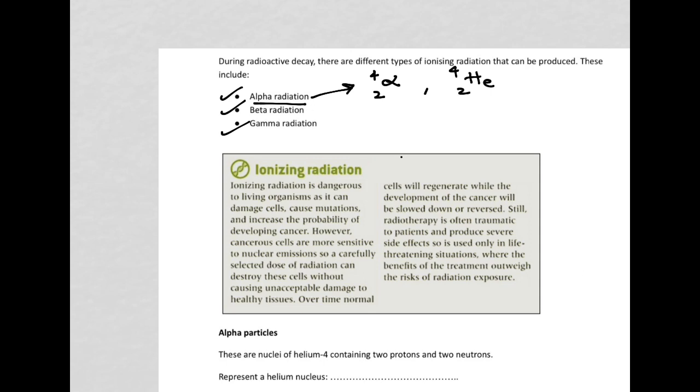The beta particles are basically electrons, so it's represented like this, 0, -1, or also electron 0, -1. Right, so it's basically an electron. And gamma radiation is not a particle, it is actually a radiation. It has no mass, it has no charge, so it's represented like this, gamma 0, 0.